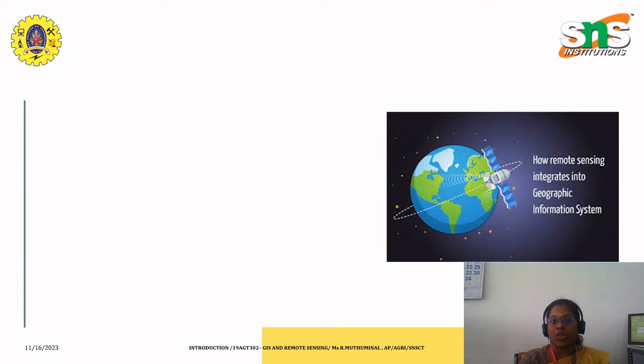So we have to share our location. The location and where they are coming from, everything will be posted in a timely manner with the help of that app. That app is one such example which utilizes geographic information system and remote sensing as an integration that helps us in providing the data about what is happening physically. So this is where it is used.